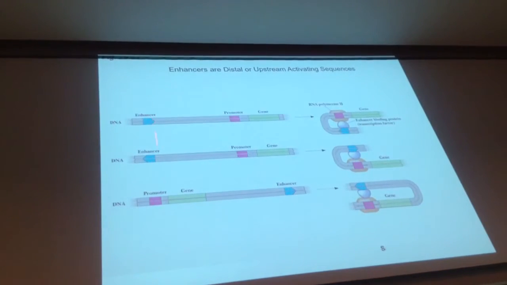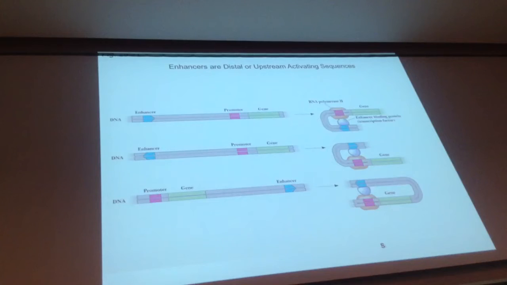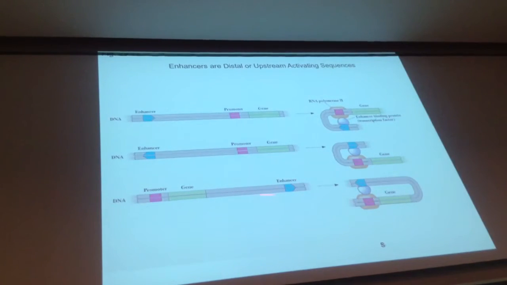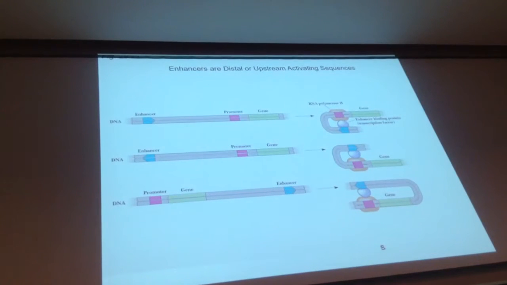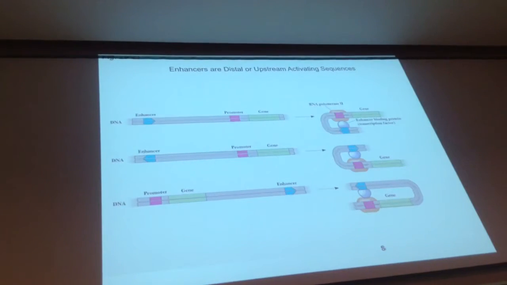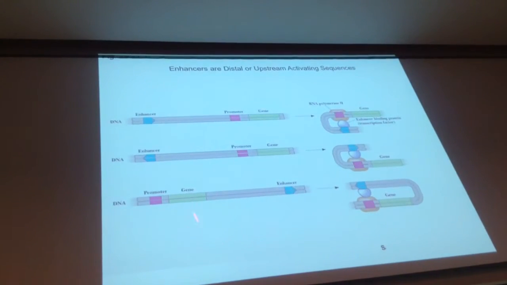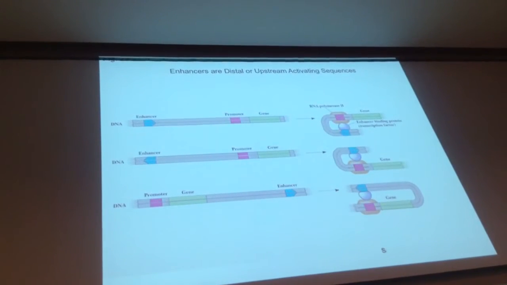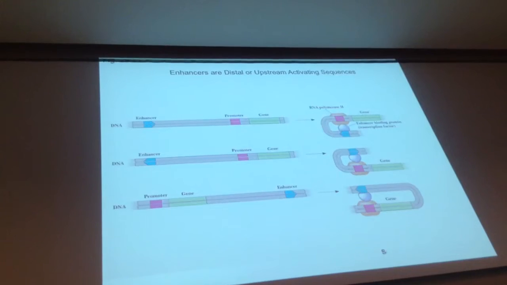They're far enough away that the protein binds things, they're functional. There are enhancer elements that go way beyond the gene to the 3' end, the downstream side of the gene. There are actually enhancers that occur in intervening sequences within genes, particularly the 5S ribosomal RNA.